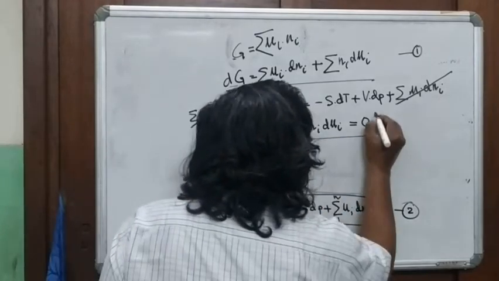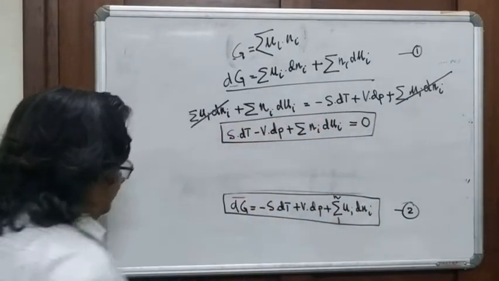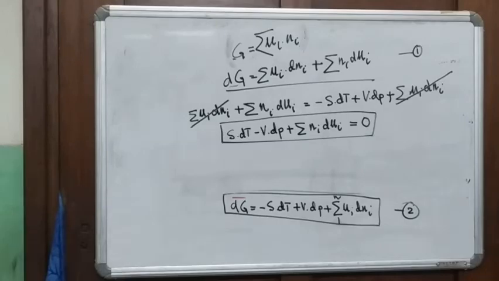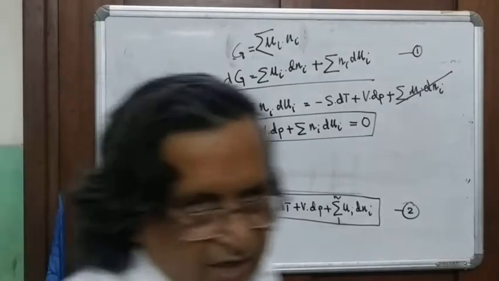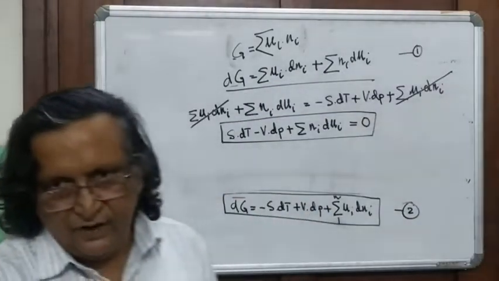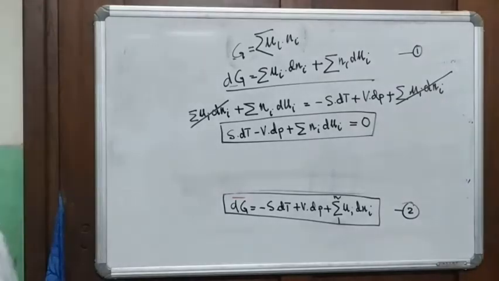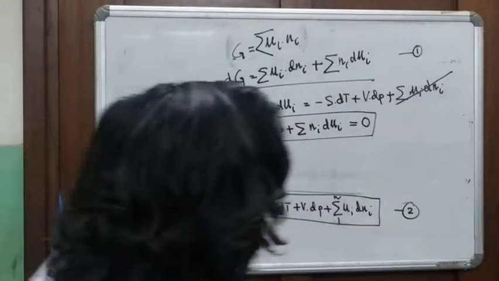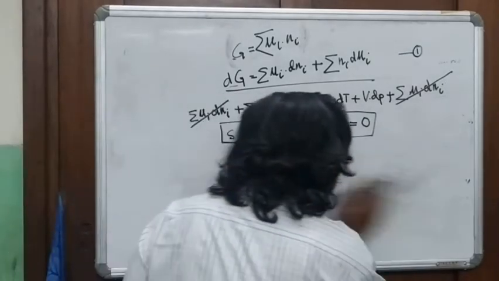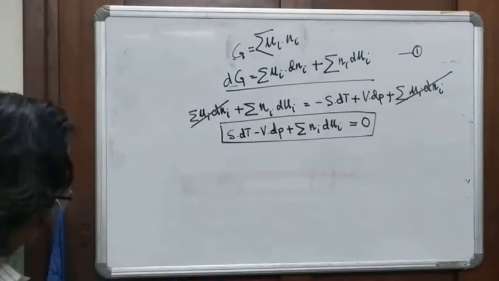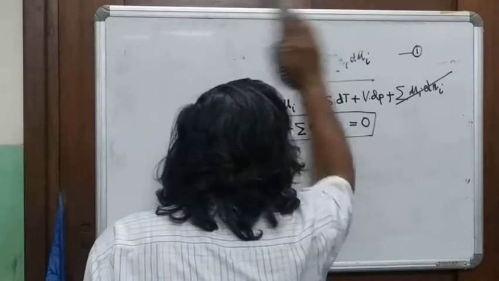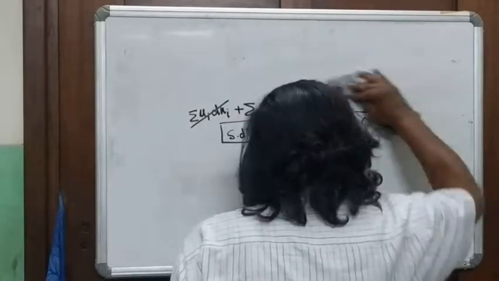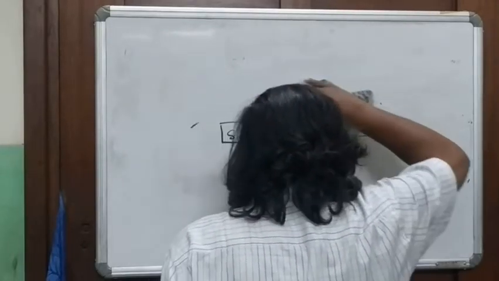This is a fabulous equation. It's the beginning of chemical thermodynamics. It looks simple. It is not. It's a big philosophical equation. I am erasing this, it's not necessary anymore.